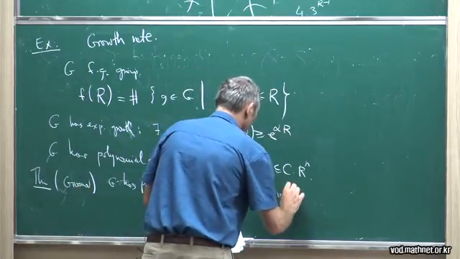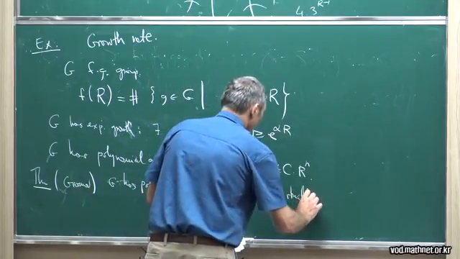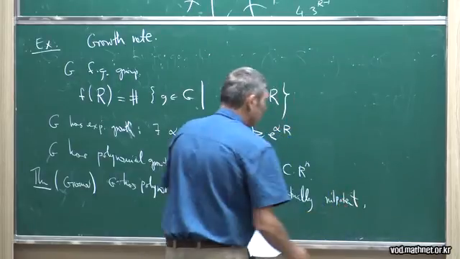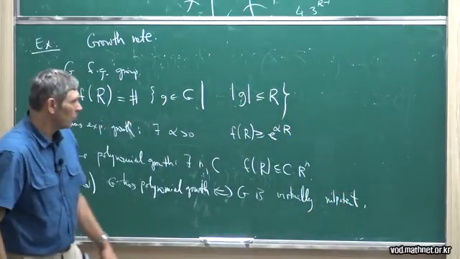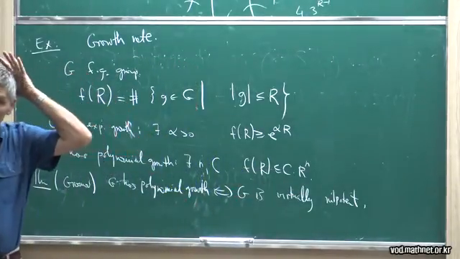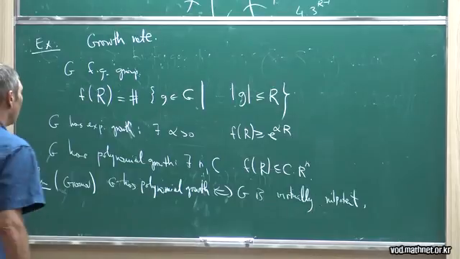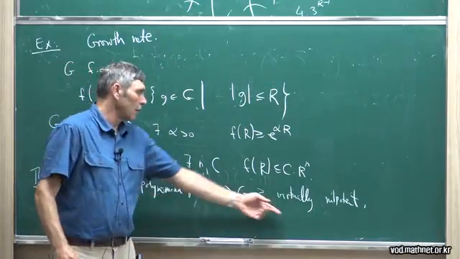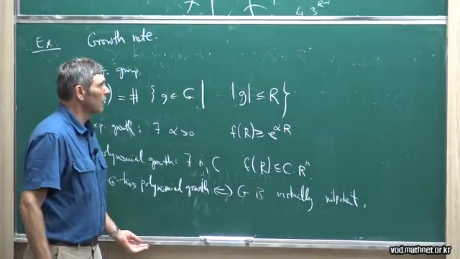Virtually refers to a finite index subgroup. Nilpotent groups have polynomial growth, and therefore any group that contains a nilpotent subgroup of finite index is also of polynomial growth. And the amazing thing is the implication that polynomial growth implies virtually nilpotent.